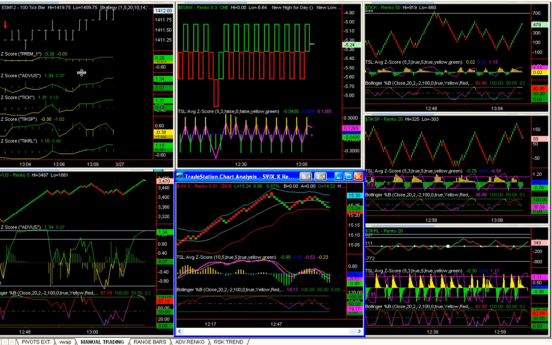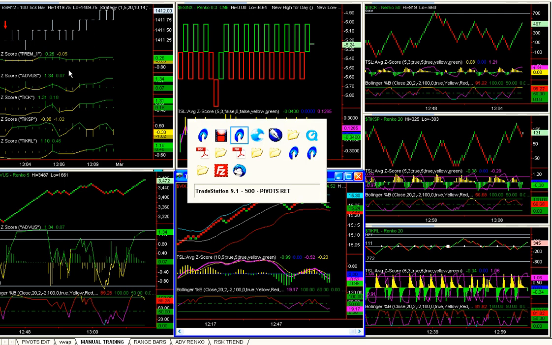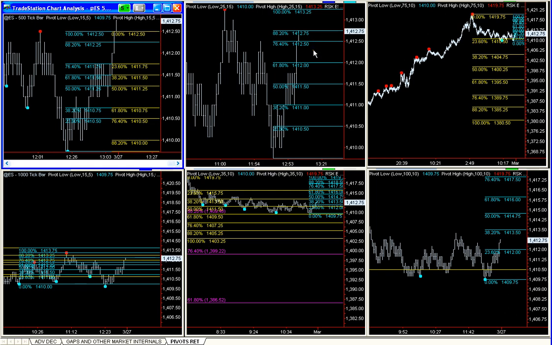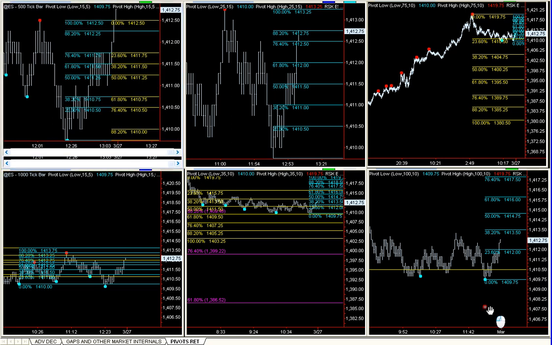$12.25, 12.5. All right, 12.5, 12.75, 13.25 is already 100% retracement from those pivot definitions. 1350 could be another good number as shown by our other retracement over here.